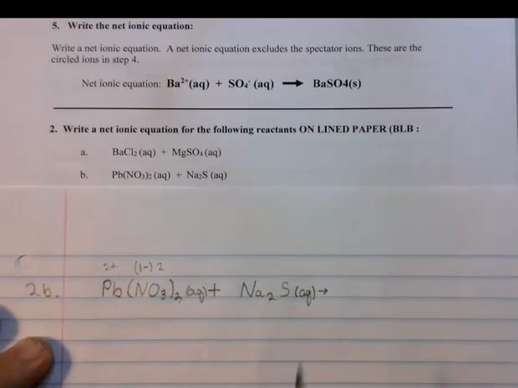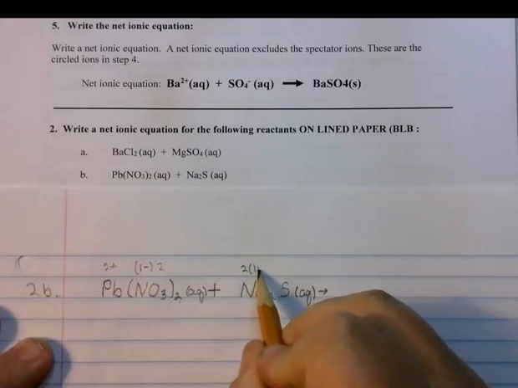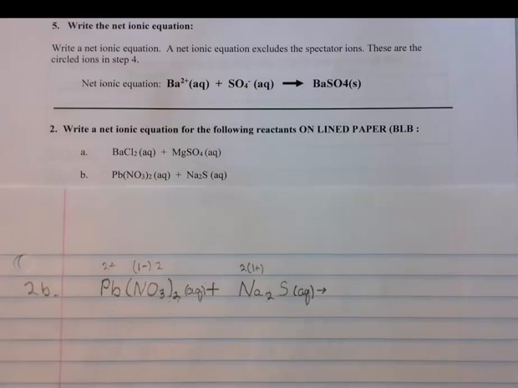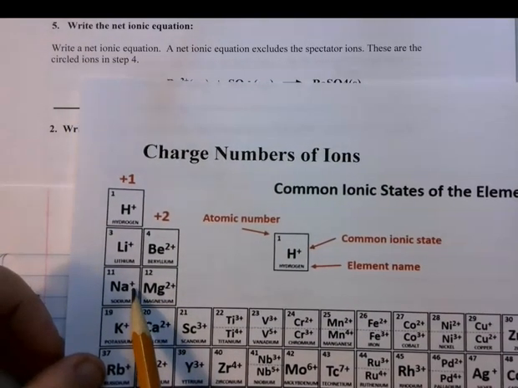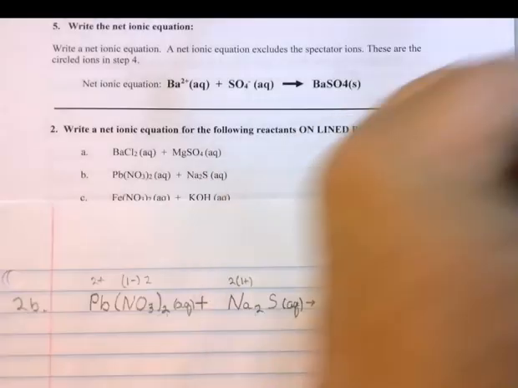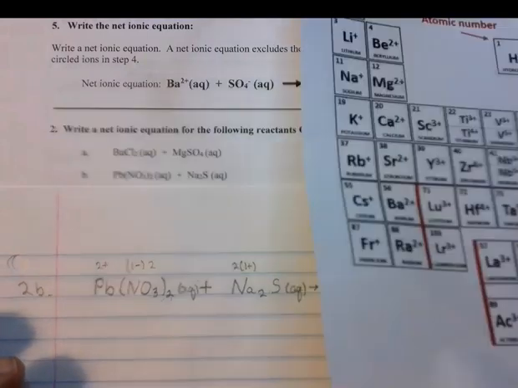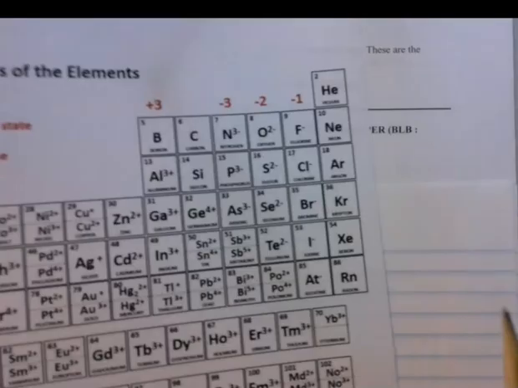Now we come over here, we have sodium, and that's 2 times 1+. Sodiums are 1+, and if you're not sure why, come over here to your charge sheet, and it's a 1+. It's in the first column. And sulfur, this is sulfide right here, is a 2-.